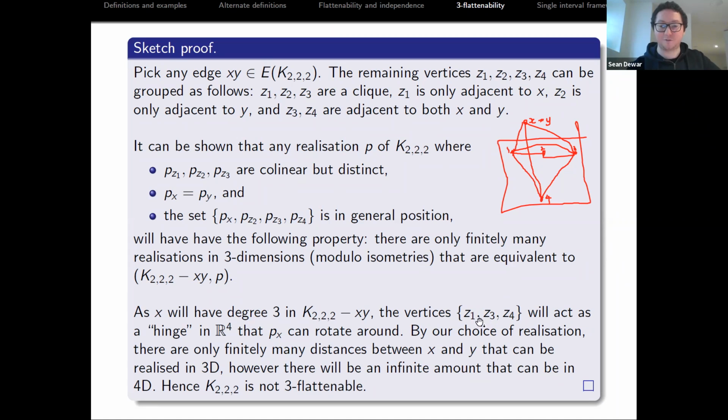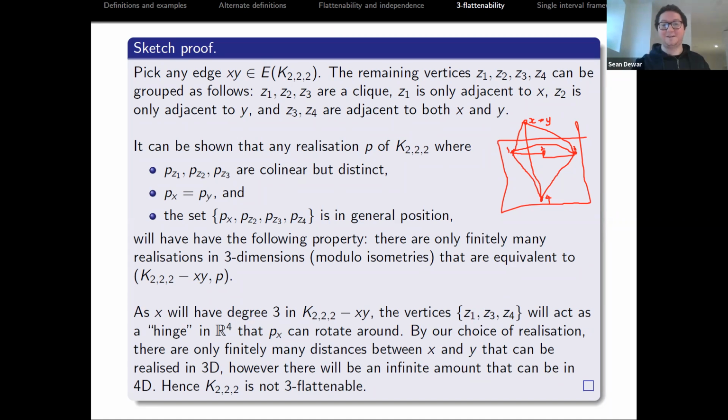But basically, what we're going to notice is that the vertices Z1, Z3, and Z4 act as a hinge in 4D for our vertex X. Because in 1 dimension, 1 point makes a hinge. In 2 dimensions, 2 points make a hinge. In 3 dimensions, 3 points make a hinge. Okay, so what we now do is we take our vertex, it's connected to these 3 other vertices, and we rotate it in 4 dimensions. So we're rotating Px out, okay?